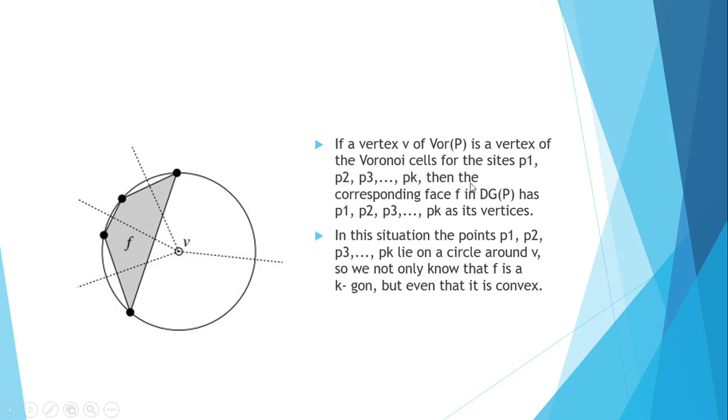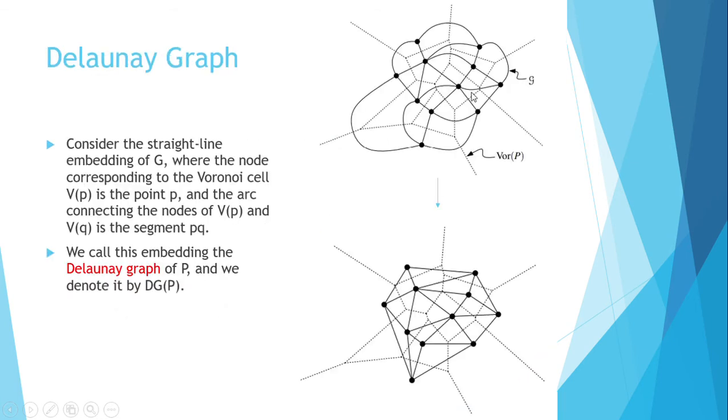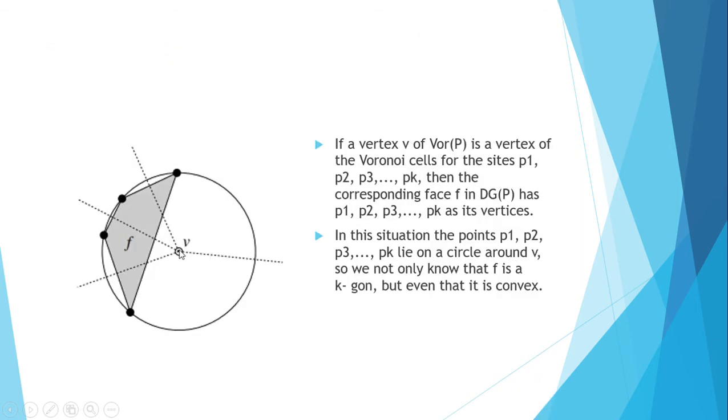This is information you need to know. Consider the vertex set of the Voronoi diagram of P, that is, the vertices of the cells; the dotted lines are the Voronoi regions, and all these points are the vertices. If you consider a vertex v in the Voronoi diagram, F is the face made by the Delaunay graph.